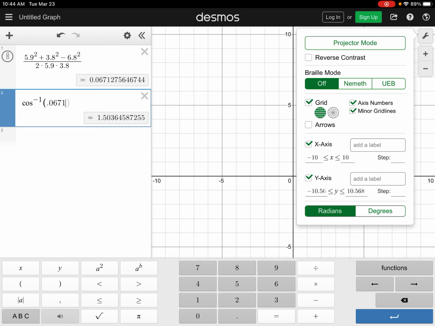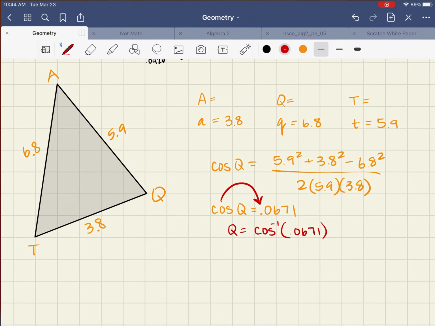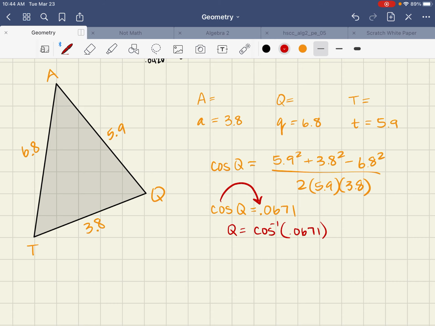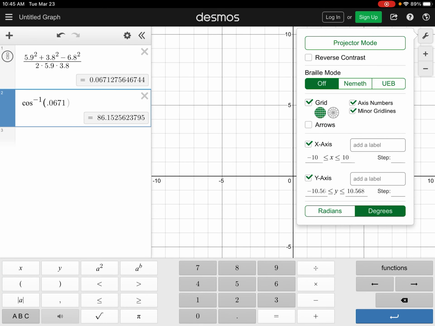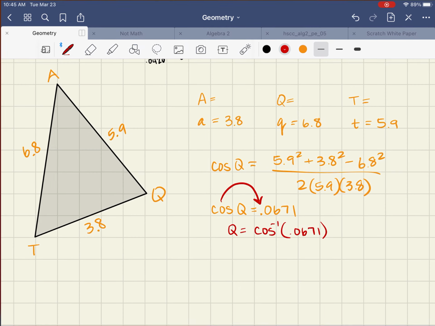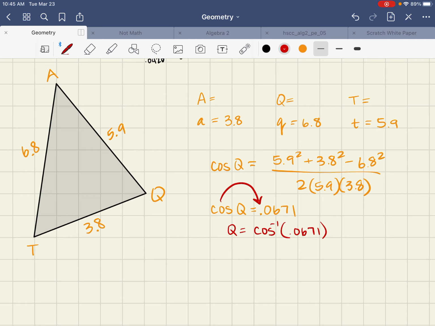I'm going to double check that we're in degrees, and we get an 86.2 degree angle. So angle Q is 86.2 degrees.